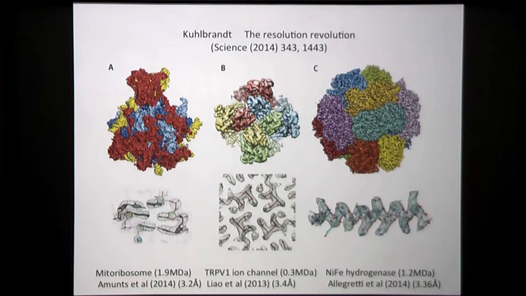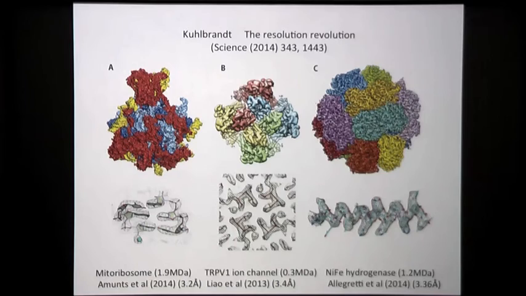And you can see that the size of these things is getting steadily smaller. The bigger something is, the more information you have in a single image of that particle, and therefore the easier it is to orient and find its position. So at a given level of noise, as the structures get smaller in molecular weight, it becomes harder to reliably determine the orientations.